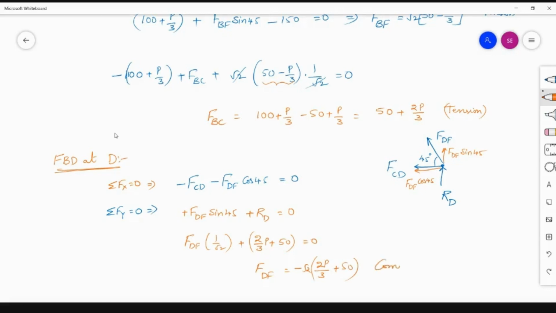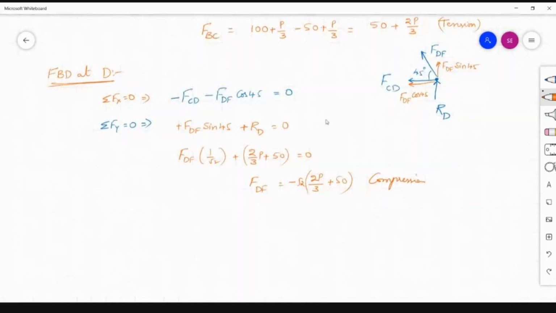Minus root 2 by 3 P plus 50 is the force in DF. Substitute this value in this equation. So minus FCD minus of minus root 2 into (P by 3 plus 50).